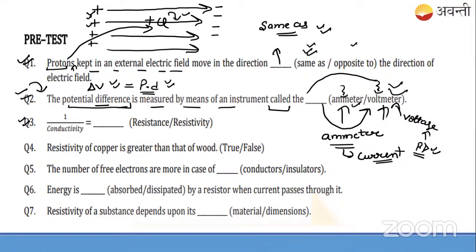Okay, so yesterday you have seen this thing that resistance is equal to resistivity times length upon area. This is the length of the conductor, A is the area of the cross section, and rho is the resistivity. क्या होता है ये?